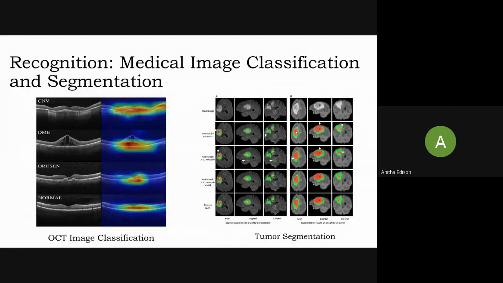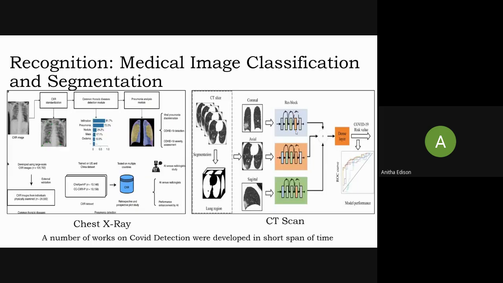The same computer vision algorithms that are developed for normal images can be modified to be applied in medical image classification and segmentation also. Another very fast developing research area was the identification of COVID from different types of medical images.